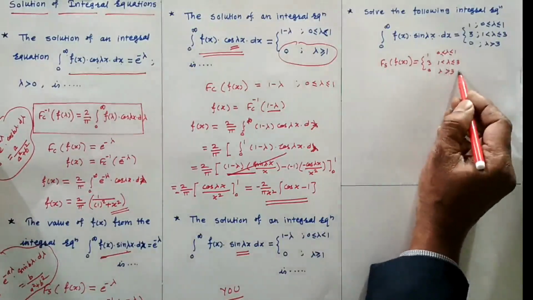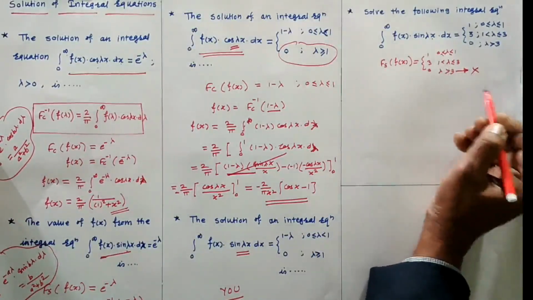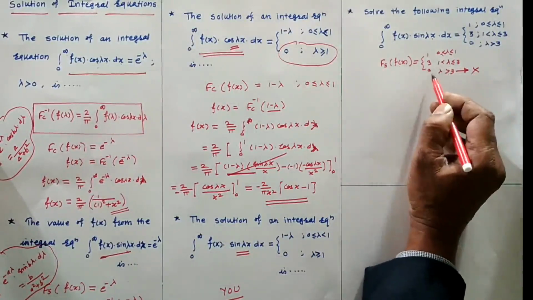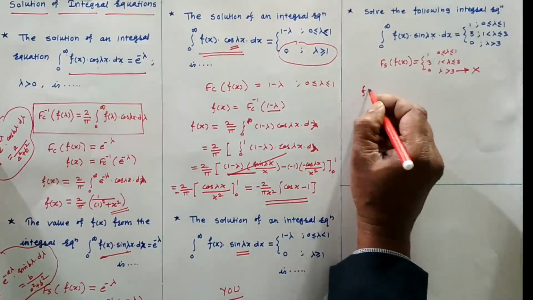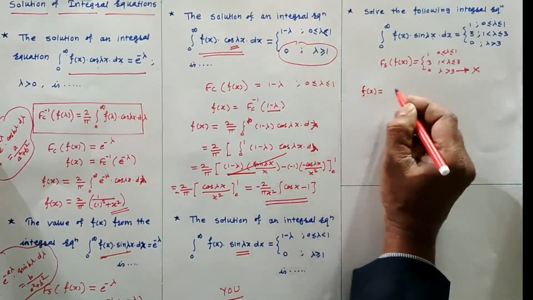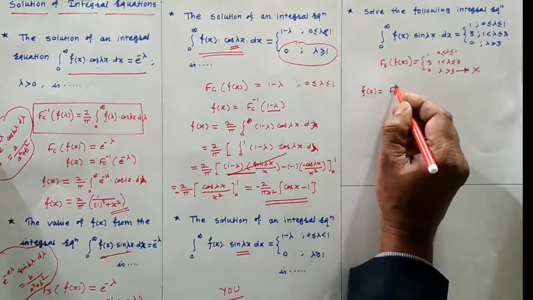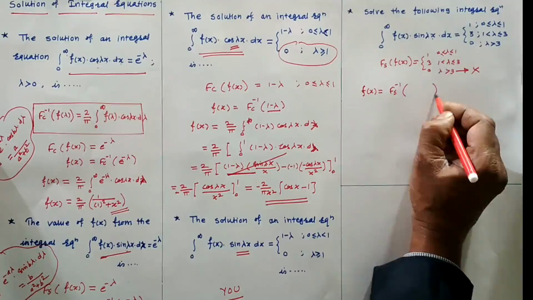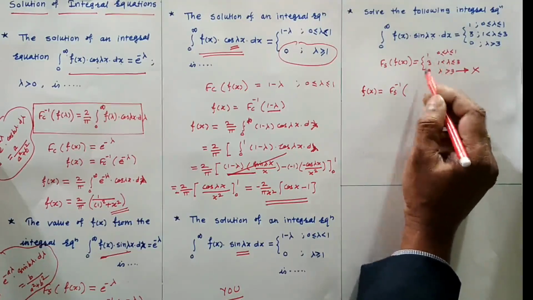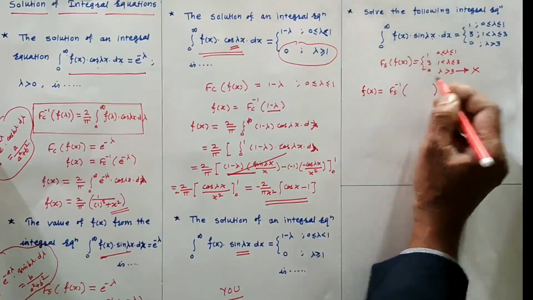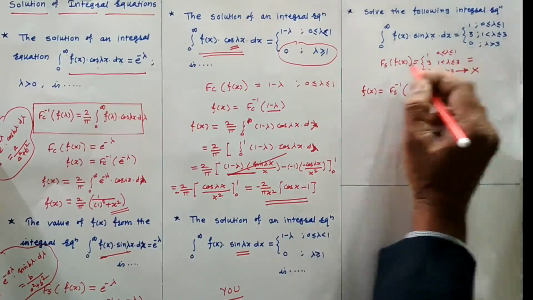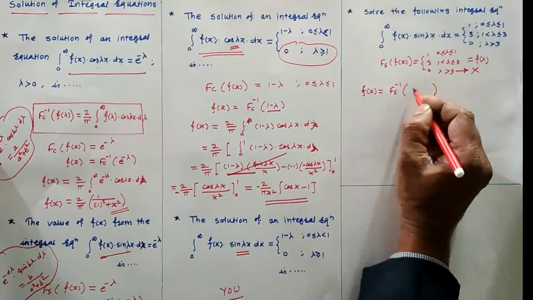This one has no limits because it has a 0 value. Now, the value of f(x) is the Fourier sine inverse of this thing. Is it? So this is represented by this one, then f of lambda.